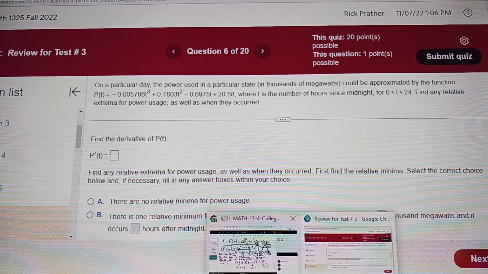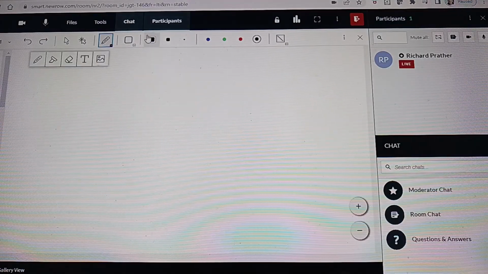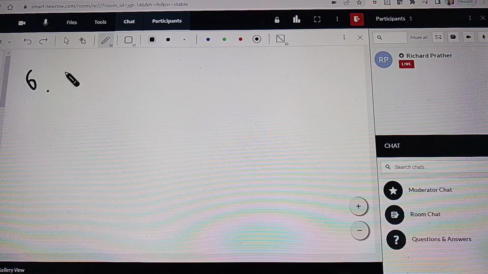Okay, so unfortunately they always give real messy equations when you're doing these application problems.